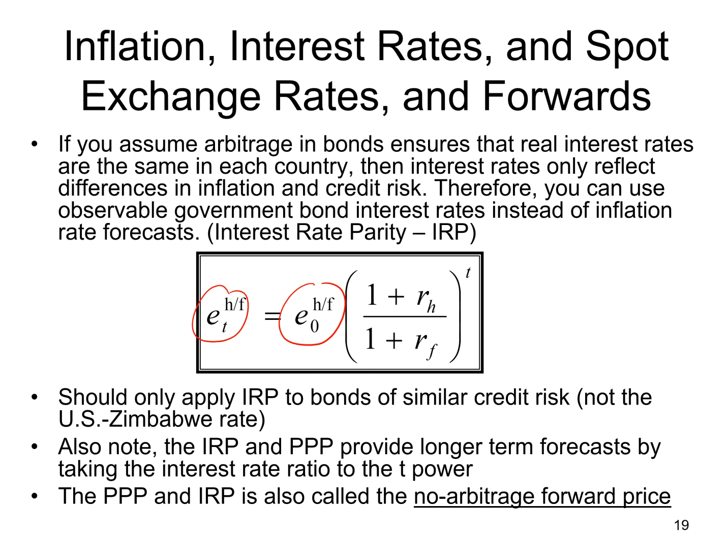And the theory comes from this. It starts with the idea of PPP, but then it says that if there's no arbitrage in bonds, in other words, bond prices ensure that real interest rates are the same in countries, then interest rates should only reflect differences in inflation and credit risk. So again, all investors are trying to get the highest real rate of return possible.